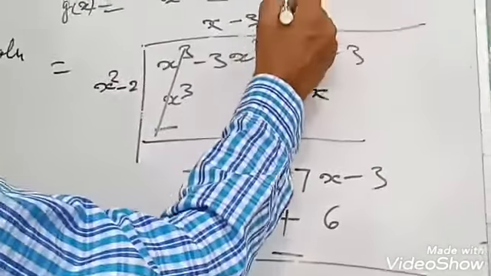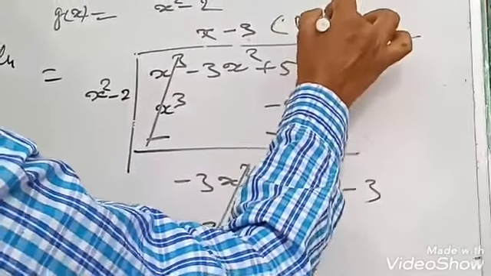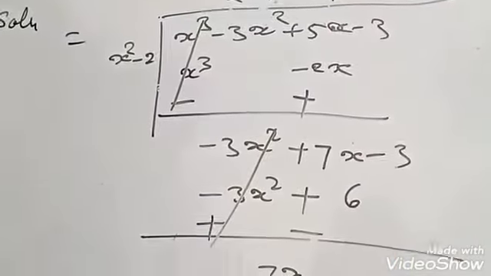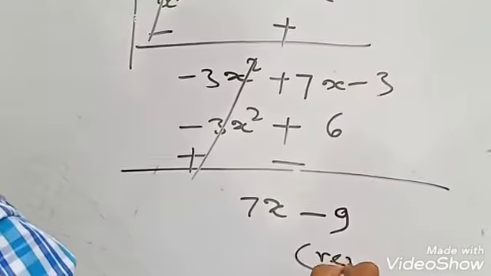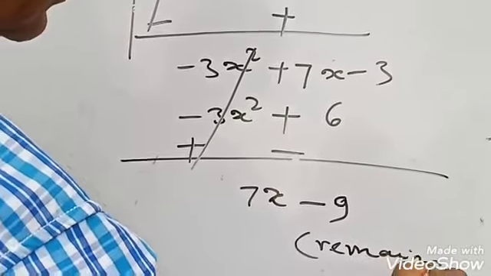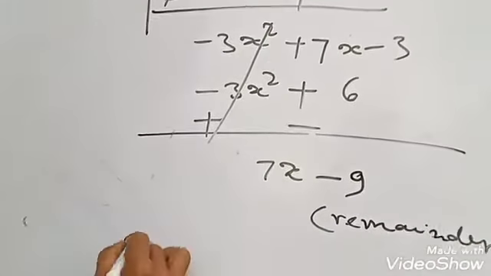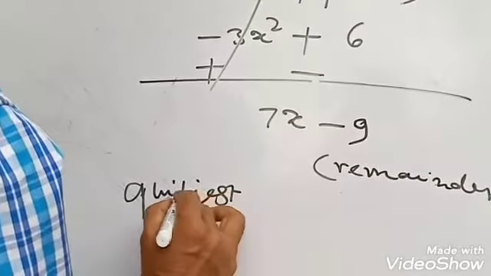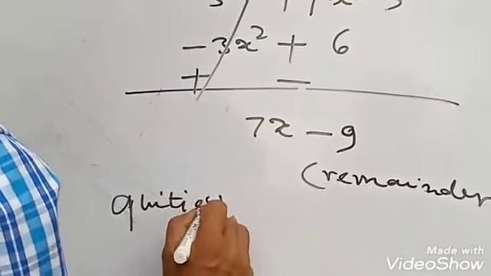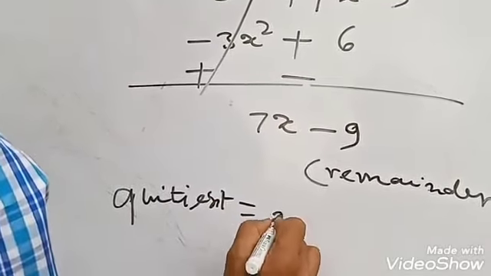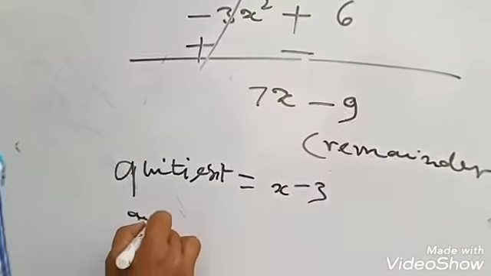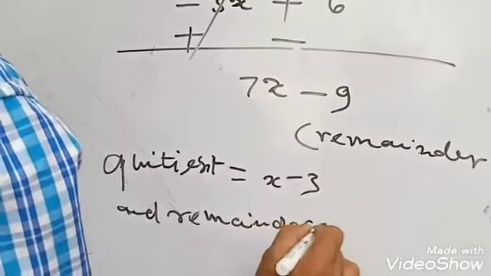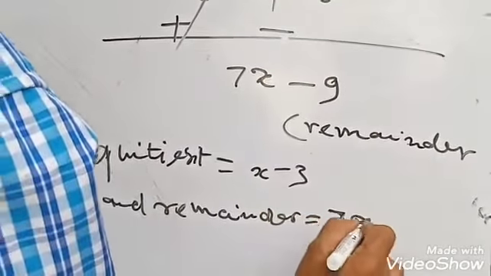So this is the quotient and this is the remainder. Quotient is equal to x minus 3 and remainder is equal to 7x minus 9.